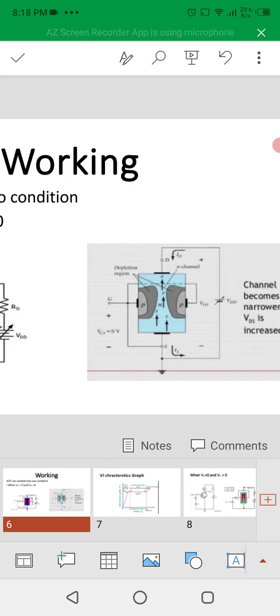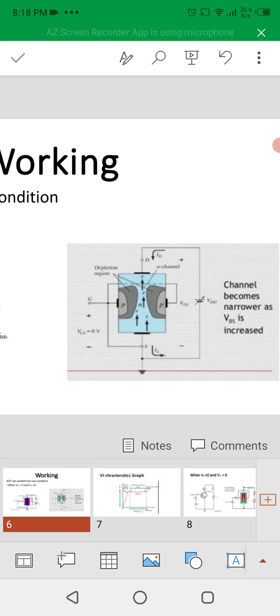We know that when we give 4 volt, the depletion region creates a thickness. Next, the ID is a barrier source, and we can change it now.